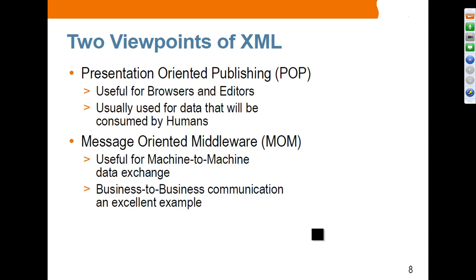Typically, we are talking about HTML being viewed by the browser, right? Now XML is also used for conveying data in message-oriented middleware, which is useful for machine-to-machine data exchange. Business-to-business communication is an excellent example where XML is used as a data format.